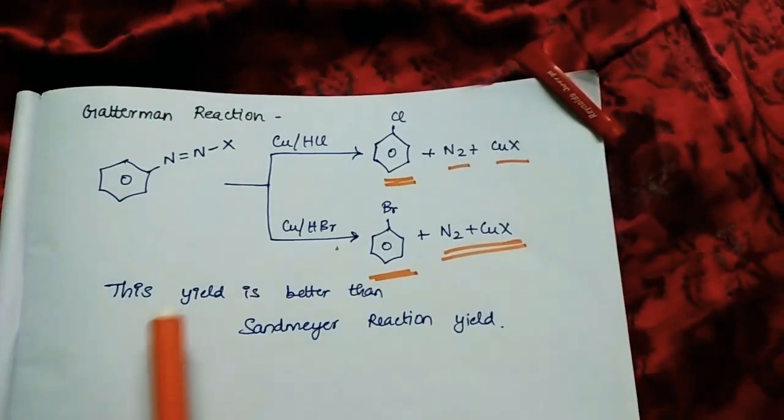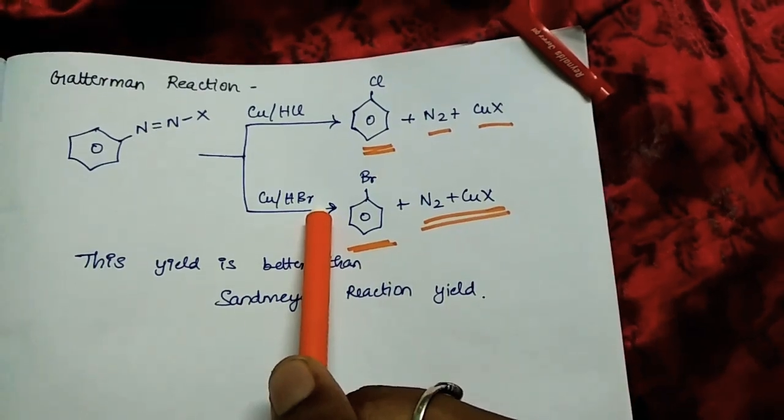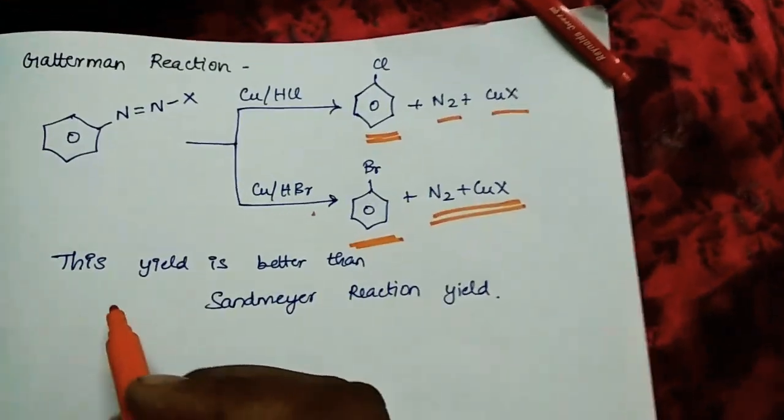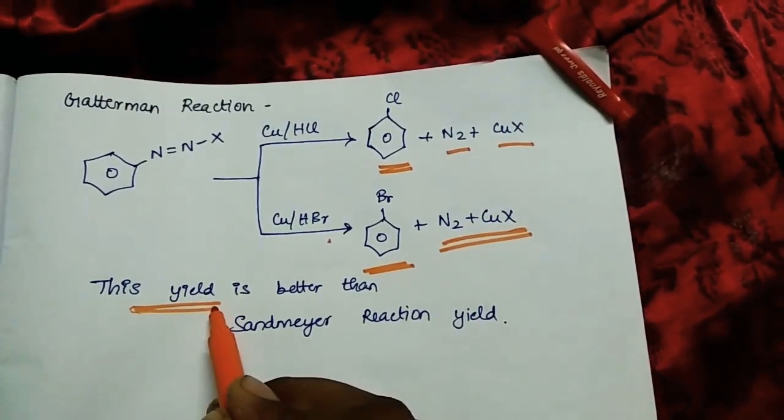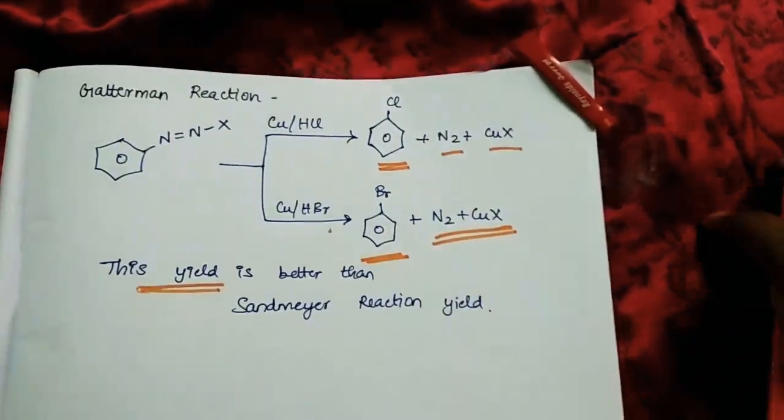So this reaction depends on the combination of copper with the taken acid halide. This yield is better than the Sandmeyer's yield. So this is a better reaction.